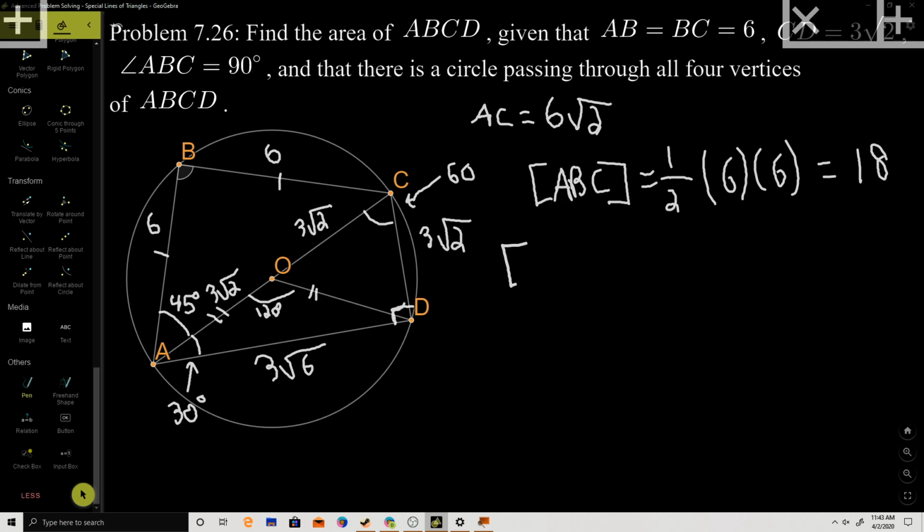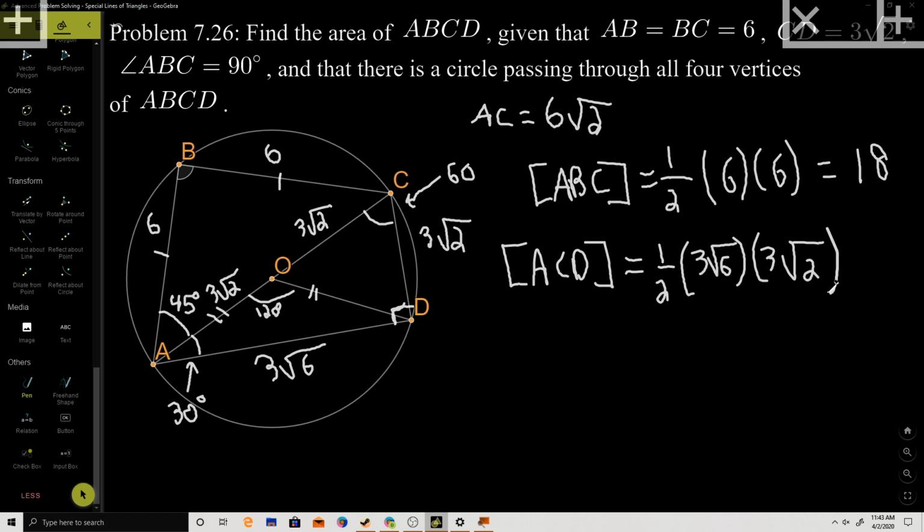So I'm going to find the area of ACD. Again, that's 1/2 base times height. It's a right triangle, so your base is going to be 3 root 6. And your height is 3 root 2. And multiplying that out, we have 1/2. 3 times 3 is 9.